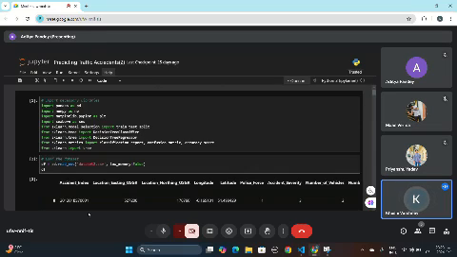These are the necessary libraries that we have used.